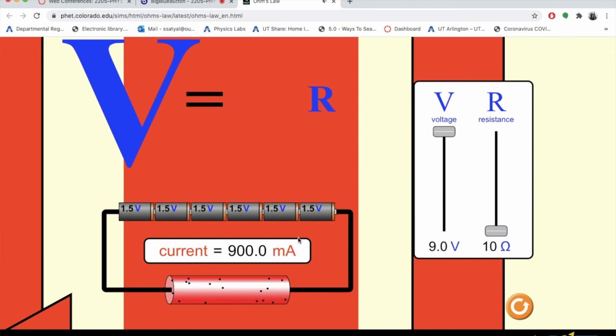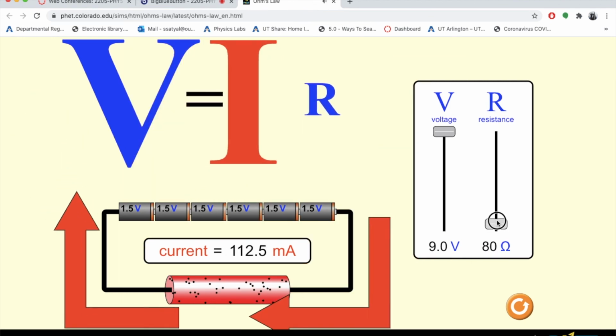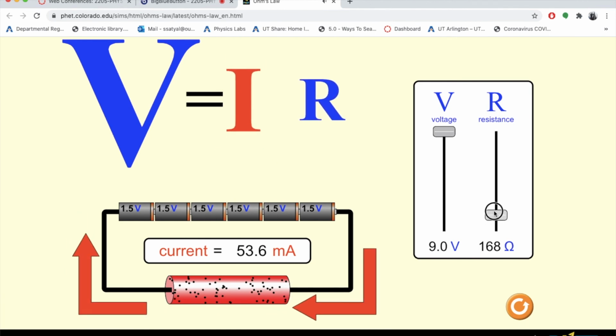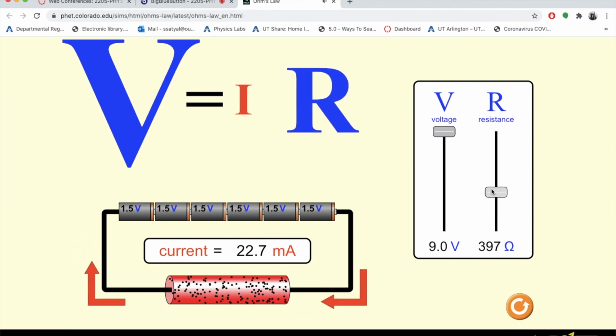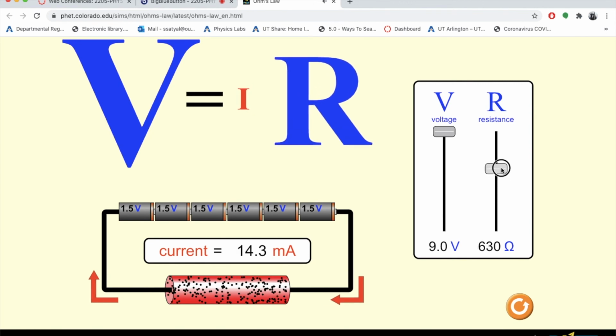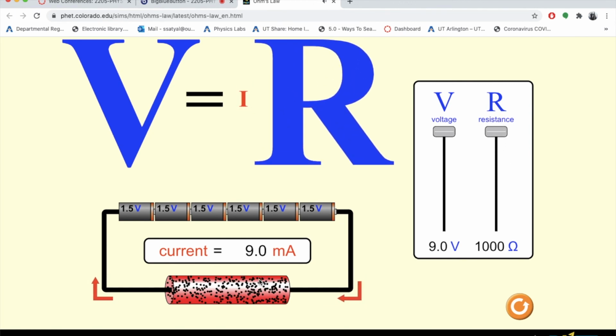Okay, and at the same time now, for the same voltage 9 volts, if I increase the resistance, what should happen to the current? It should decrease, because resistance slows down the electron flow. And so here, as R goes up, my current decreases to 9 milliamp only.